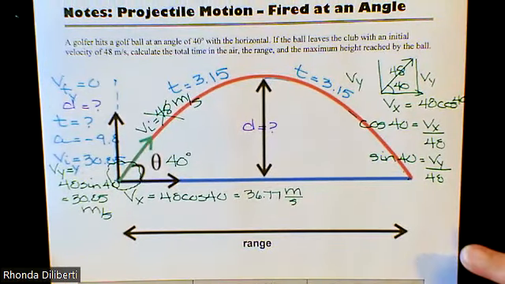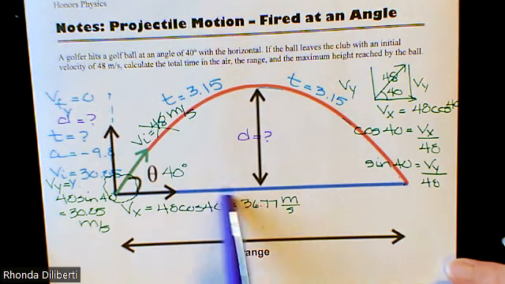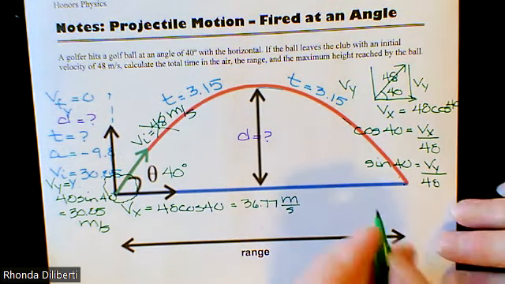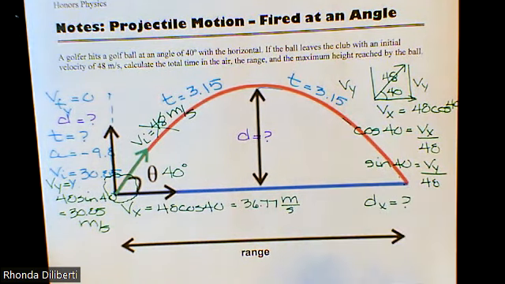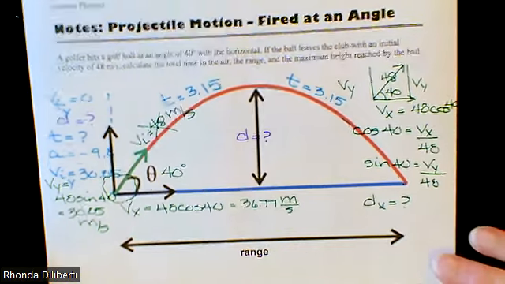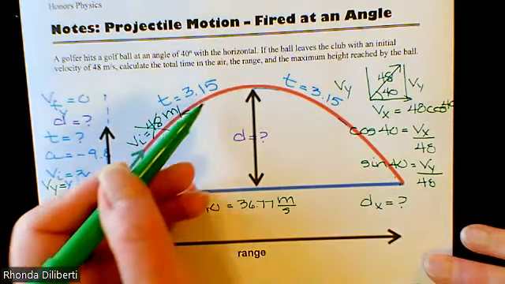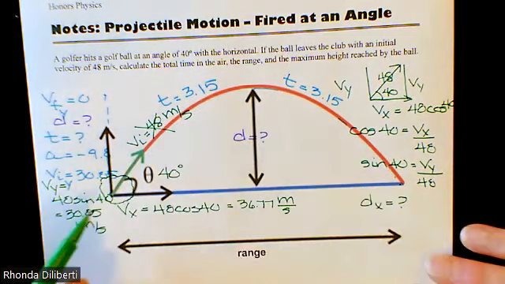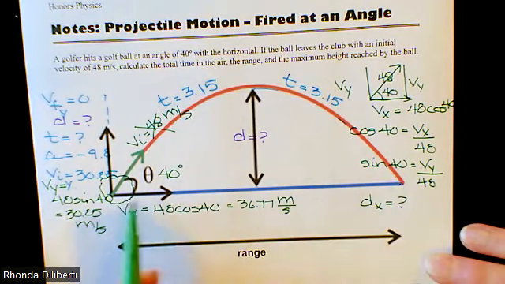All right, so the next question is the range, how far over it goes. So how far over it goes is called dx. Like how far over does it go in the x direction? So we talked the other day that parabolic motion is the result of having an acceleration vector and a constant velocity vector.